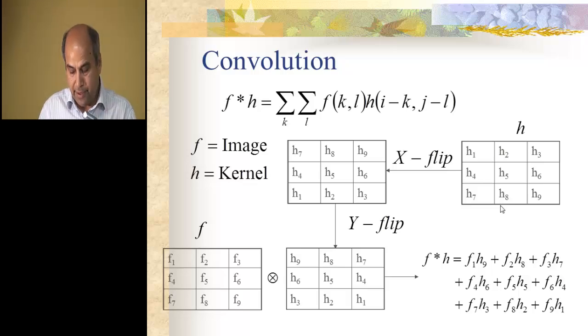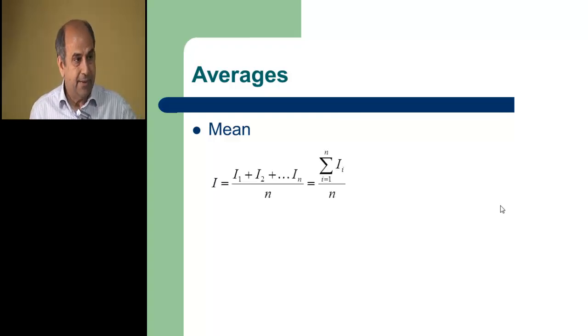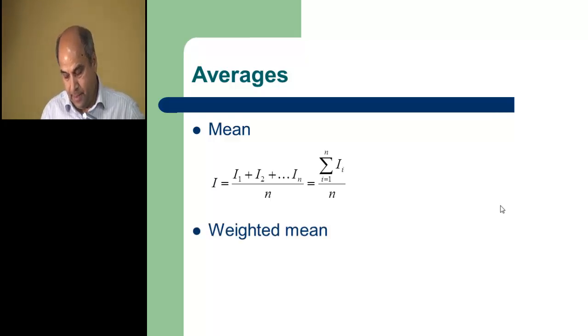Okay? So the convolution and correlation. And so we get back to now mean. Mean will be very useful. And so mean is, you know, everybody knows what the mean is. You take a bunch of numbers, you add them up and count how many numbers you have, you divide by that. That's mean. It's pretty simple.